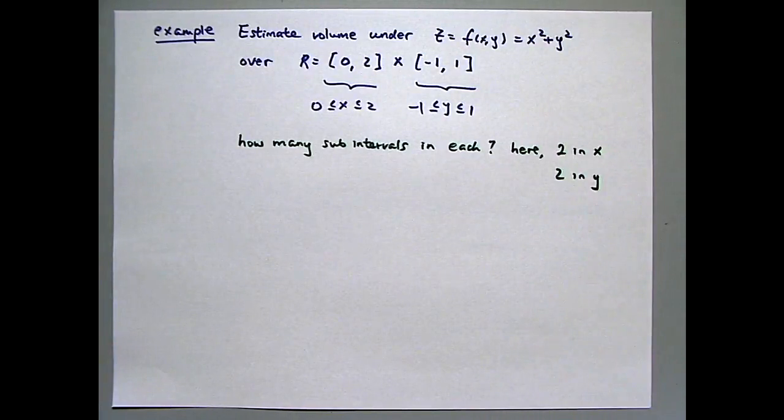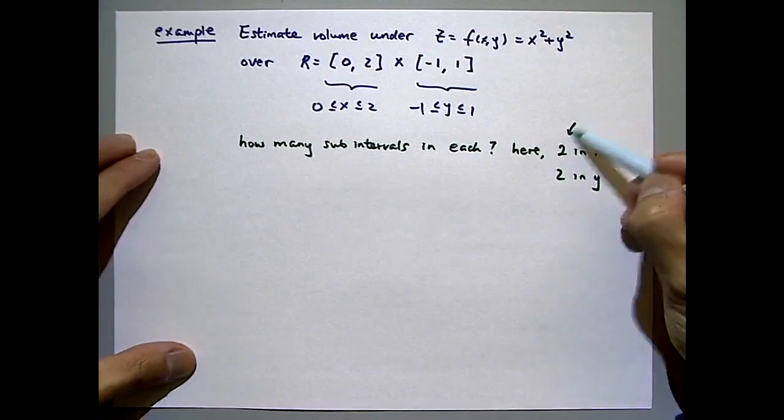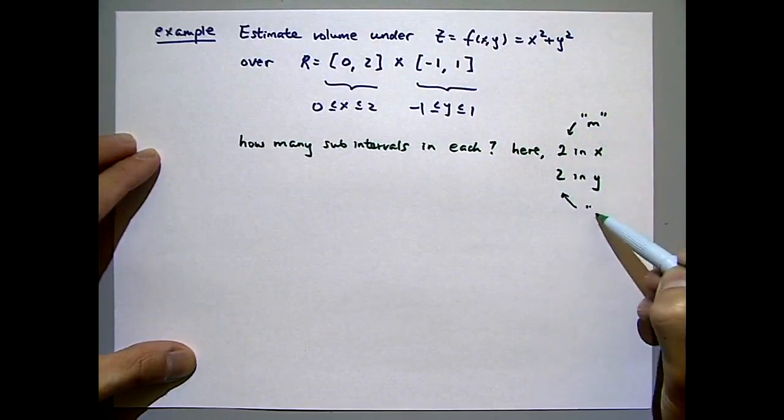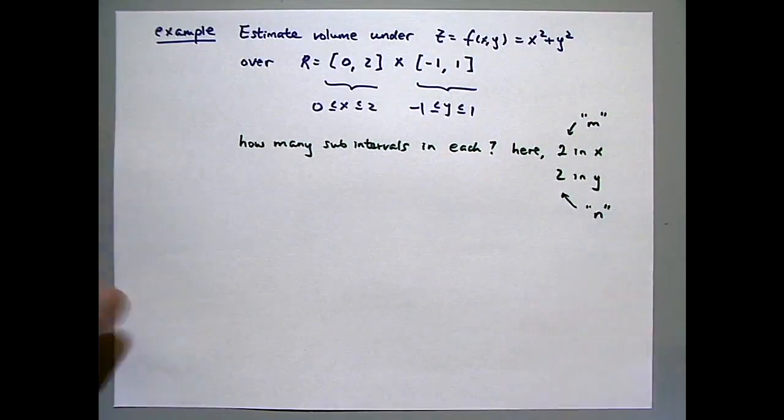Now in the book, I believe they use the letter m for the x number. Let me look it up for you. Yeah, they use m. So in the book, they use m for that, and we use n to denote the number of subintervals in the y direction. Here I'm going to make it simple, just 2 and 2.